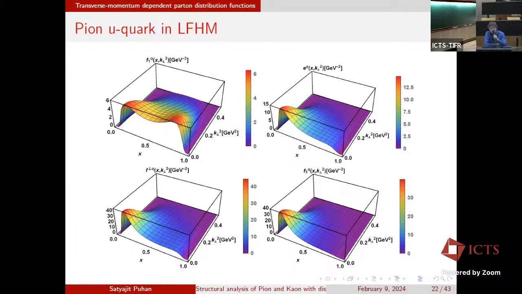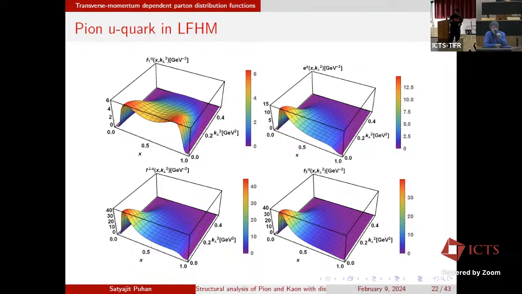Wait a minute. So you mean that the limit for x going to 0 of these objects goes like a power of 1 over x? Yeah, okay, but I see that this trend is there already for large values of x. Look, for example, at F perp, the lower left corner.